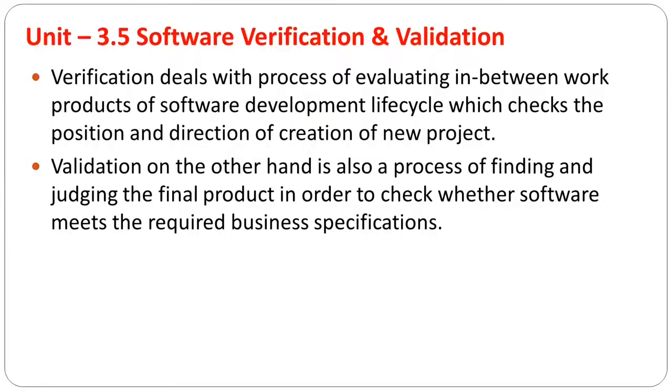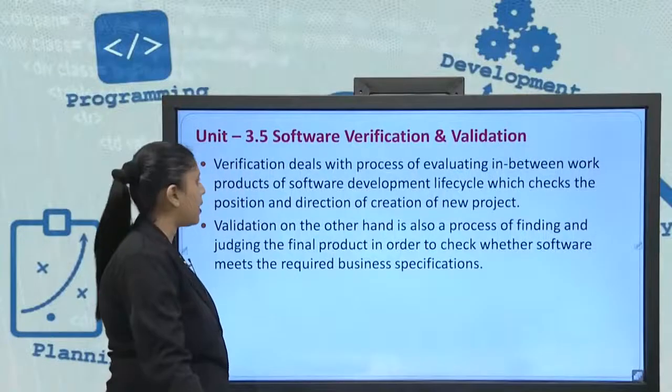Validation, on the other hand, is a process of finding and judging the final product in order to check whether the software meets the required business specification. Validation is checked against the specification of the customers, my customer demand. Whether we have validated all those customer demands or not comes under validation, alright.